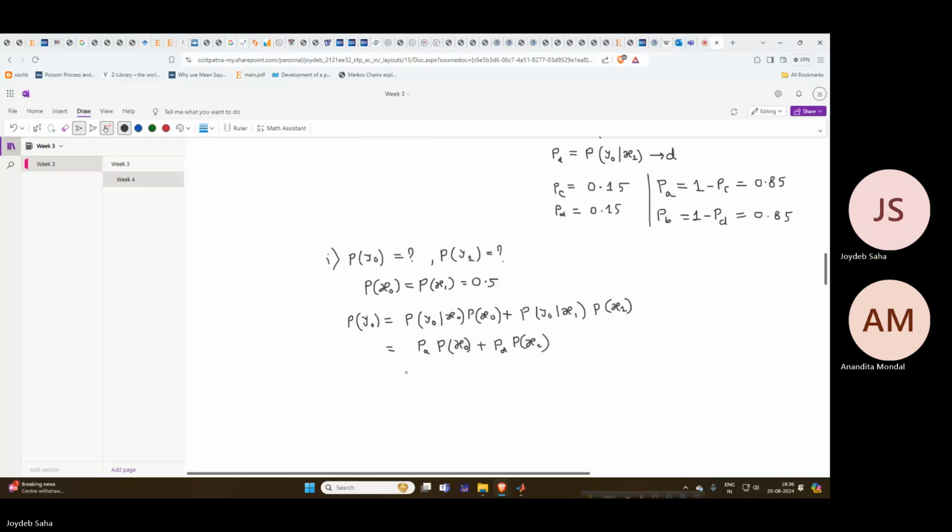Is it clear? PA is 0.85. If there is any doubt, please ask.